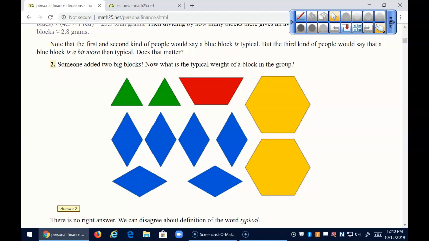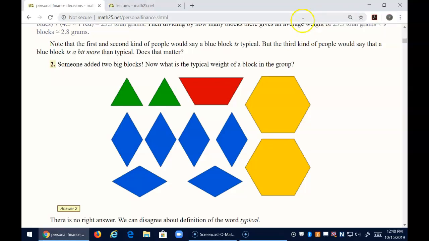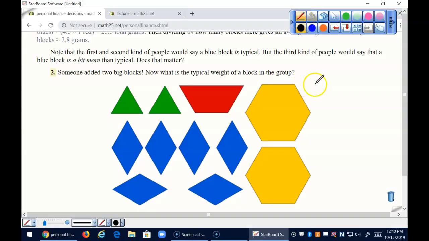So I just wrote on my paper, I have the 2 blocks that weigh 1.5 each, 6 that weigh 3, 1 that weighs 1.5, and 2 that weigh 9. And I did what you did last time. I added them and then divided by 9. Yes. And I got 3.9. There's 11 things now, not 9, because we've added 2.